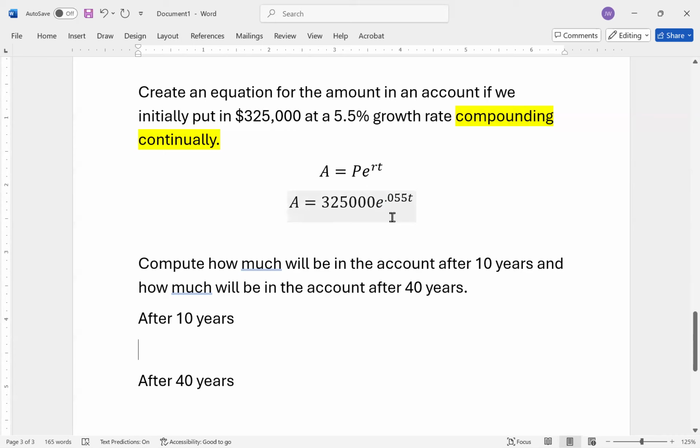Hopefully that makes sense. Our R is always going to be the decimal version of the percentage. You can always move the decimal place over 2 spots to get the R from your percentage.